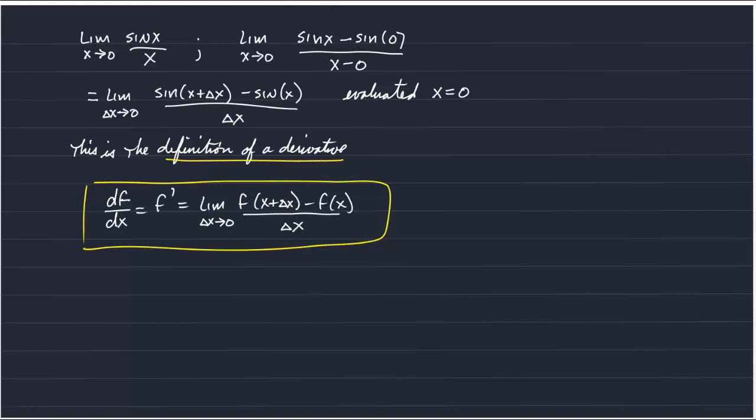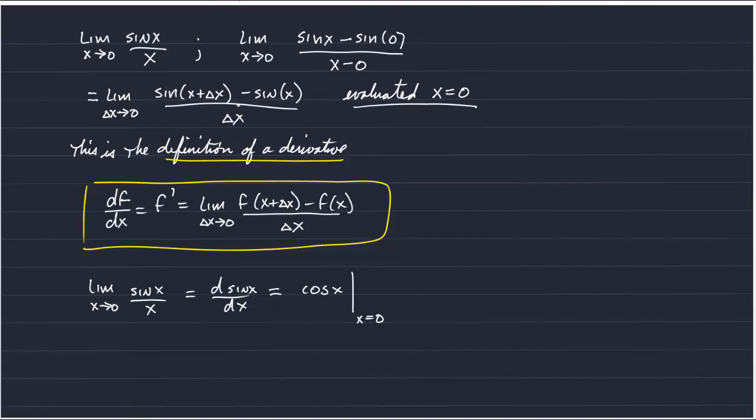Okay, so knowing that, we can now evaluate our original limit of sine x over x if we know how to take a derivative. And well, you do, because you've taken calculus, but the derivative of sine x dx is equal to cosine x, and we're evaluating it at x equals 0, right?